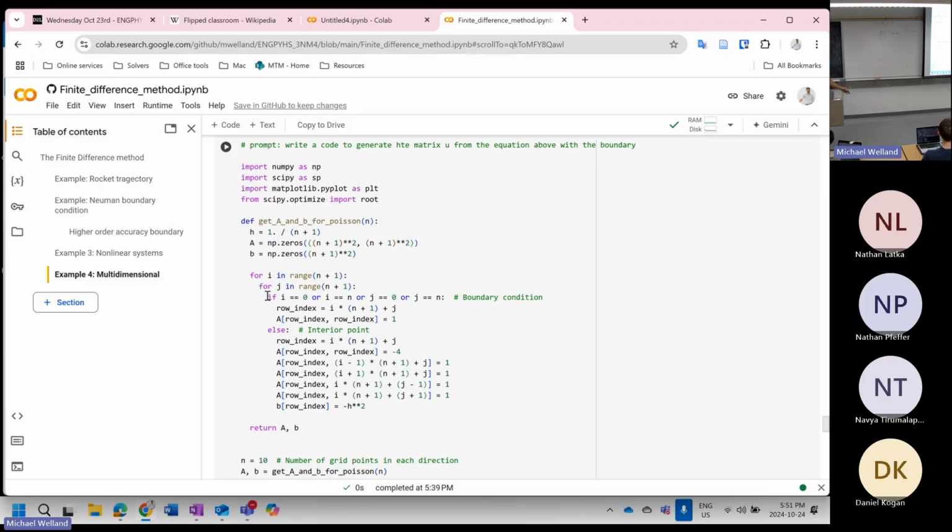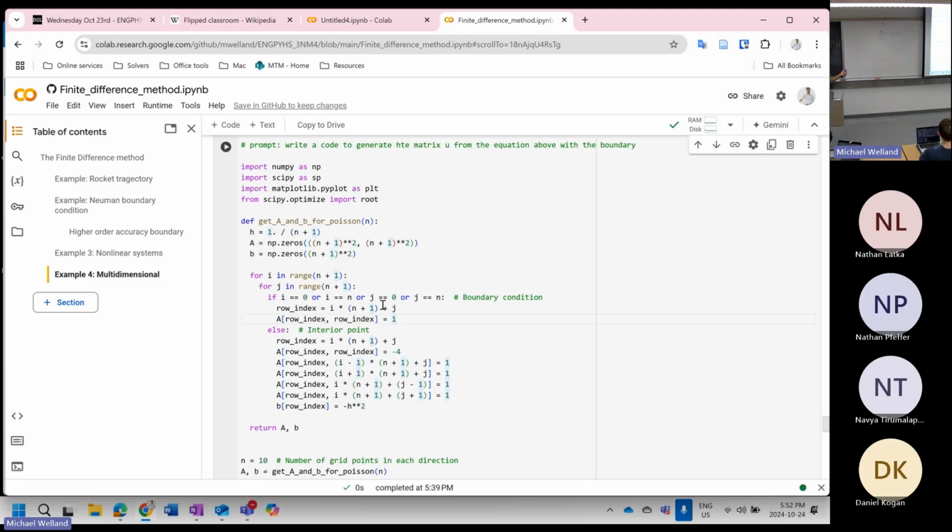And then now we're actually finally able to read this thing, right? So what you do is you look for your boundary cases. What this is doing is it's stepping through all of the x coordinates and all of the y coordinates. This is a nested loop.